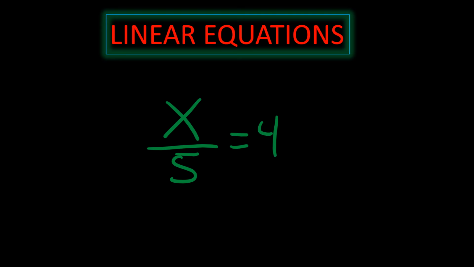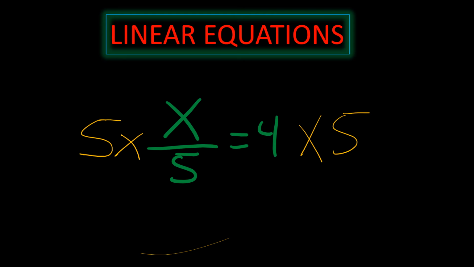And since they're dividing by 5, we have to multiply by 5, right? So I'm going to multiply by 5 here, but remember, if I multiply by 5 on one side, I have to multiply by 5 on the other, right? So the 5s are going to cancel out, and you'll just be left with x. 4 times 5 is 20.